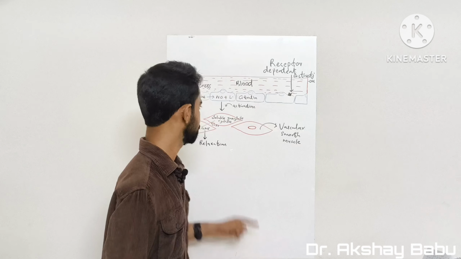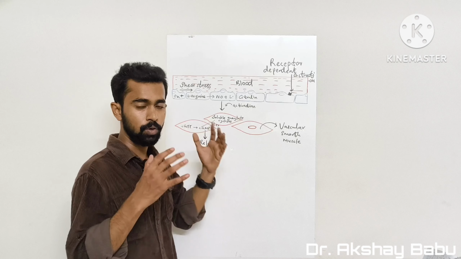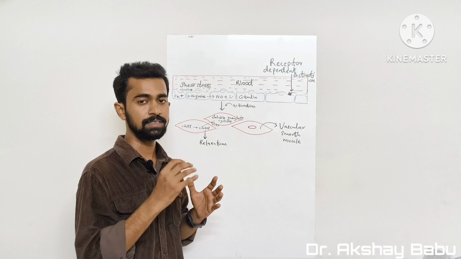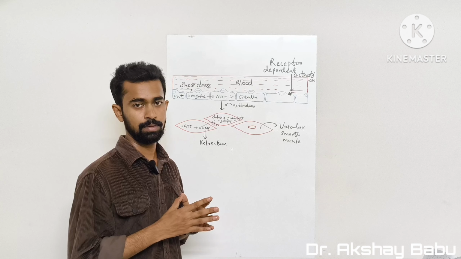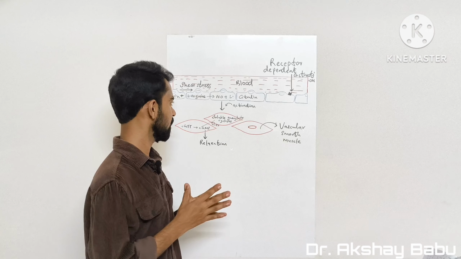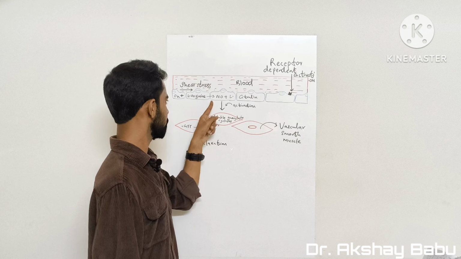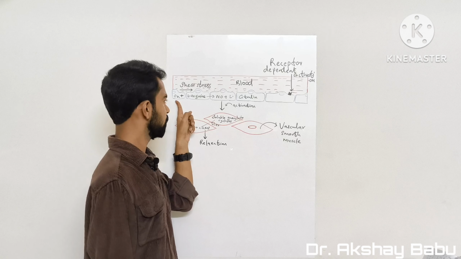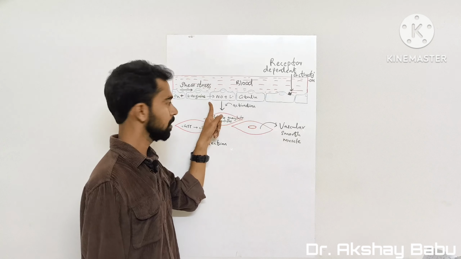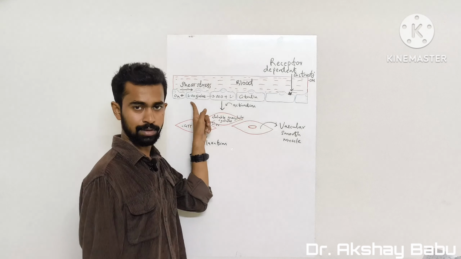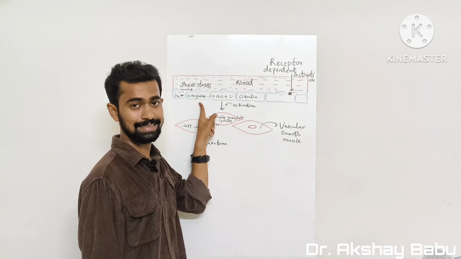So, see this figure. The endothelial derived nitric oxide synthase enzyme, that is the eNOS enzyme, synthesizes nitric oxide from L-arginine and oxygen. In the presence of this enzyme, oxygen will react with L-arginine, which is an amino acid.